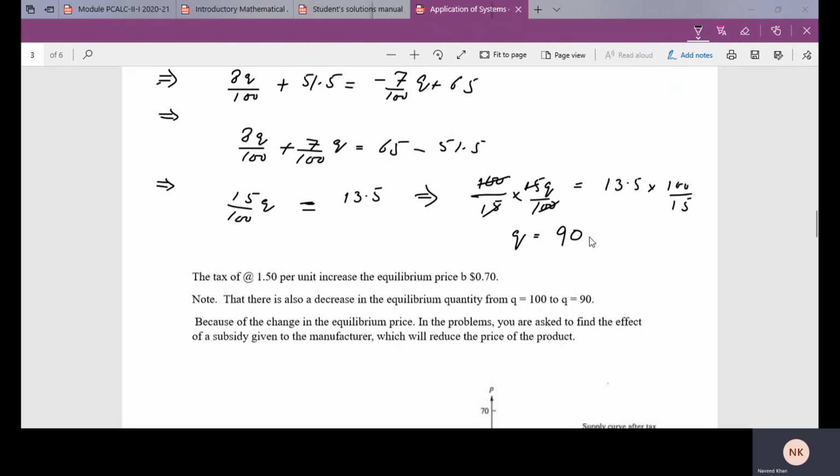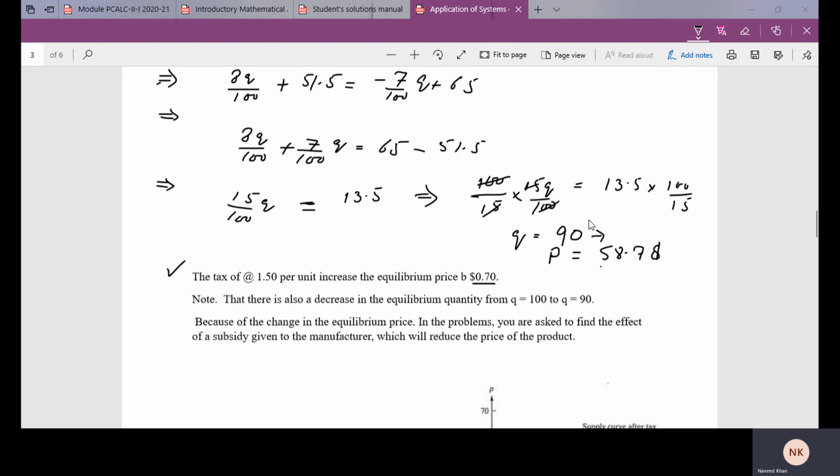So my dear student, when this Q is equal to 90, put it in equation 1. So then the value of P will become $58.7. Yes, we have done this one in the class. So the tax of $1.5 per unit increases the equilibrium price by 0.7. Why 0.7?